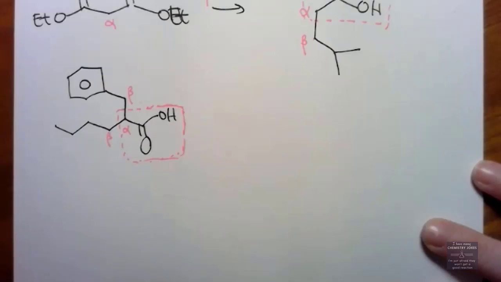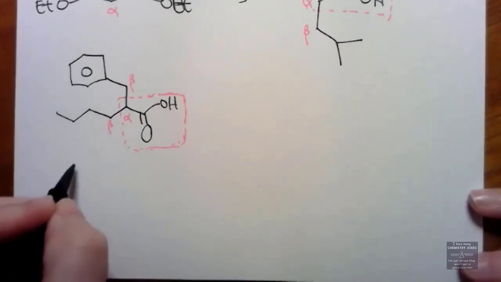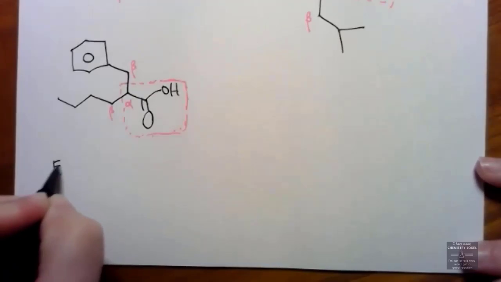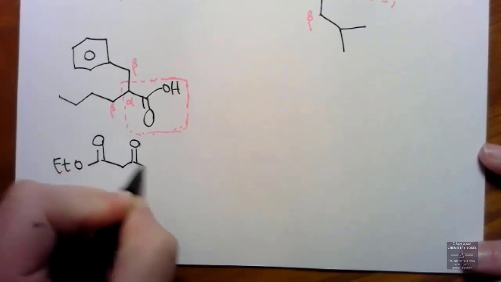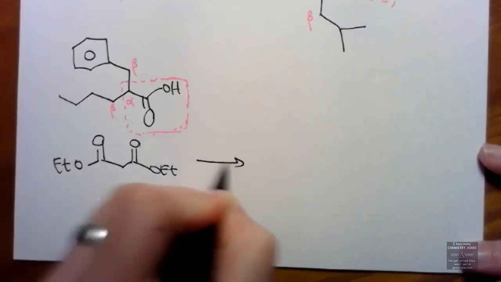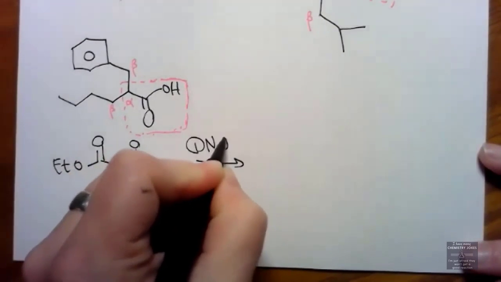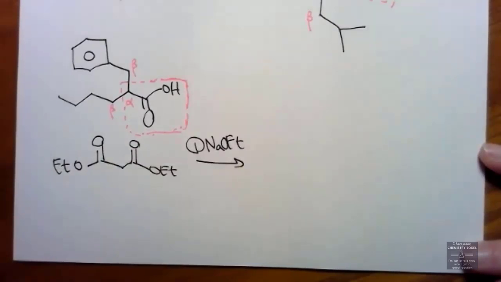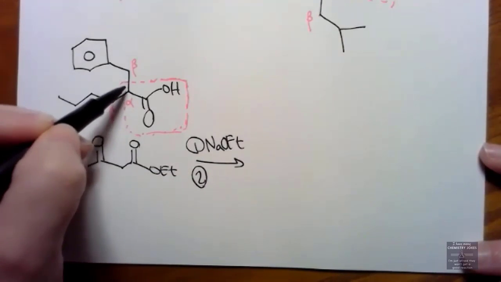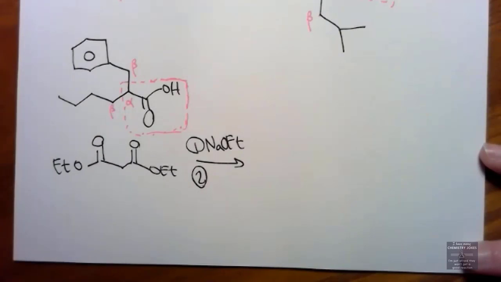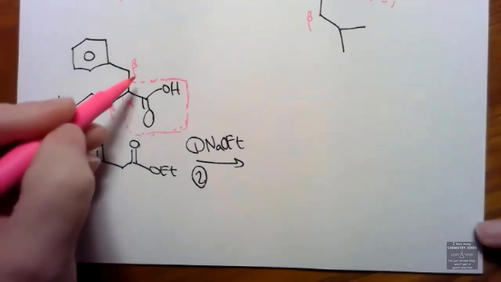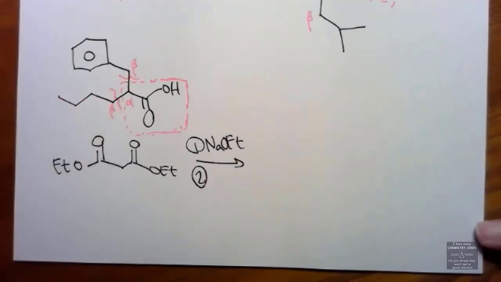What does it look like? Let's do it. I need to start with a dimalonate. We're going to choose diethyl. Why not? A dimalonate. I need to deprotonate it, pluck an alpha hydrogen, and I need to add a good SN2 substrate. I need to make alpha beta bonds. It does not matter which you make first, but you're going to need to make 2 alpha beta bonds.